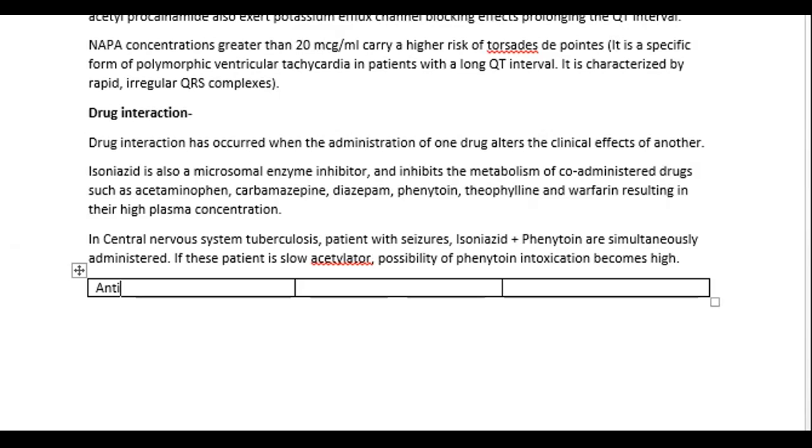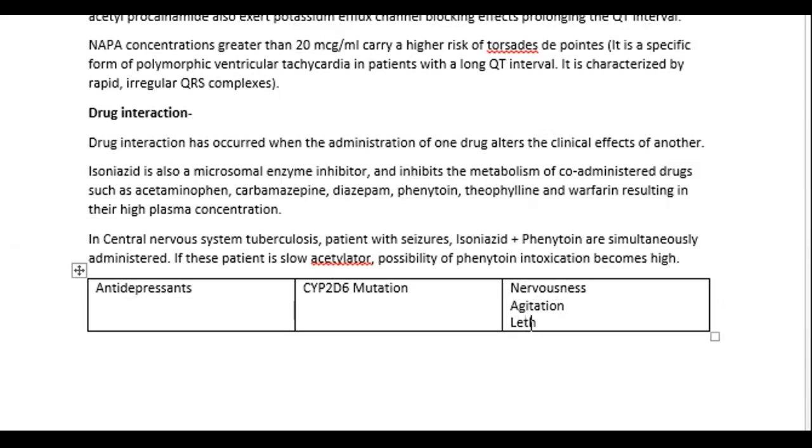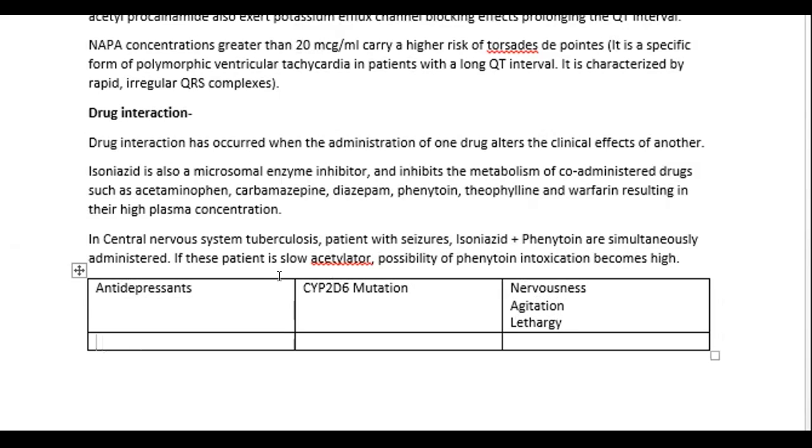Coming to the first one, the antidepressants. The CYP2D6 mutation is causing nervousness, agitation, and lethargy. What is this?